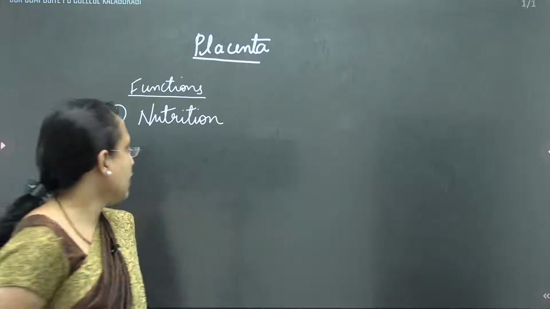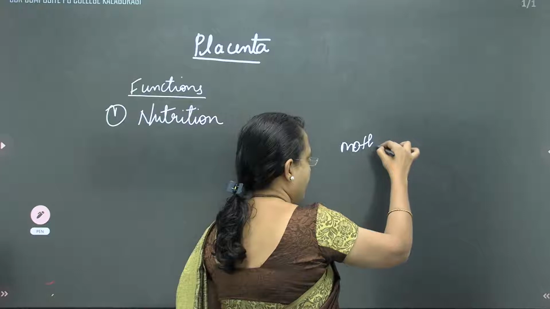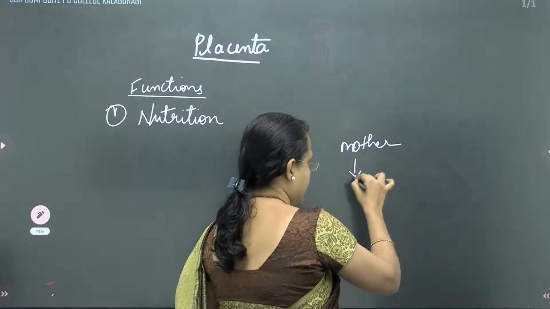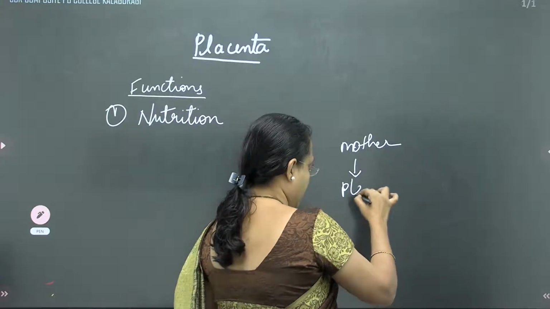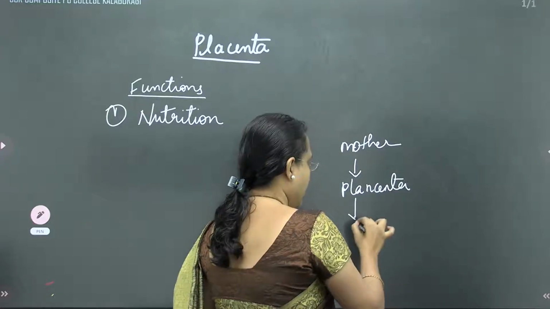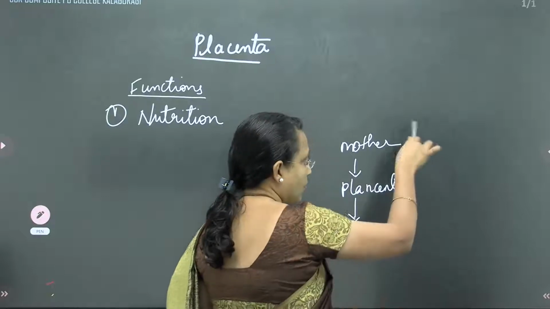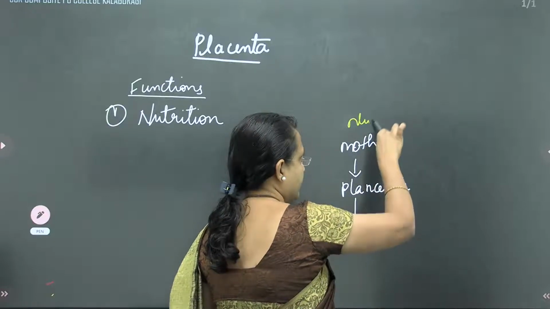So it is like nutrients are passing from the mother through the placenta, because placenta is a connection here, and finally to the fetus. So what passes here is nutrients.